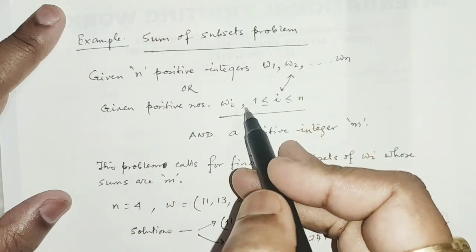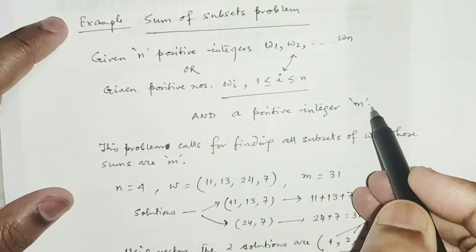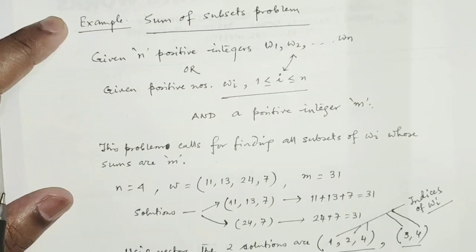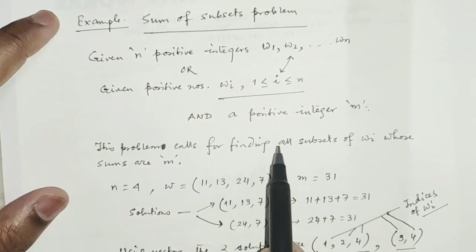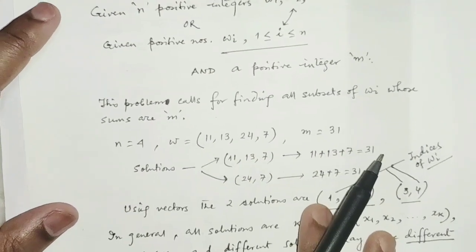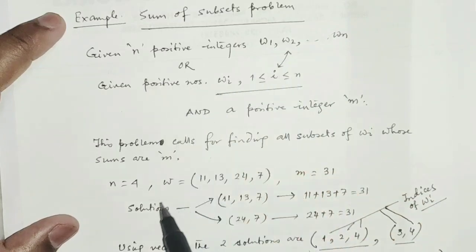I is 1, w1, I is 2, w2, similar. Along with the positive integer m, so we have been given positive numbers wi, that is w1, w2 up to wn, and m. And this problem calls for finding all subsets of the wi whose sums are m. That means if we have a total of 4 positive integers, that means n is 4.